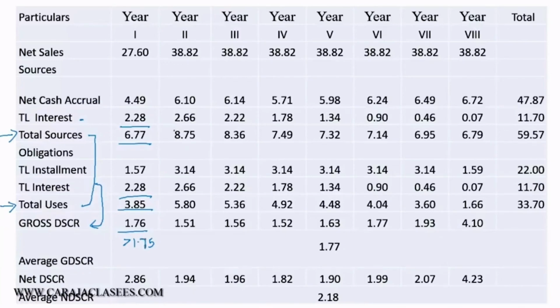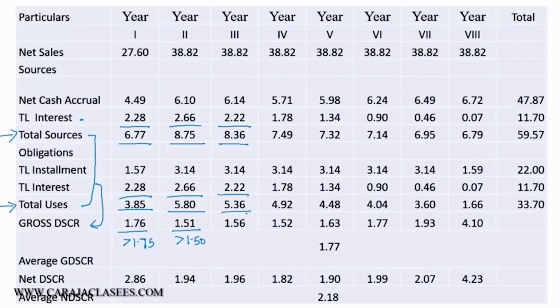Look at year 2. They had source of 8.75, whereas the repayment obligation is only 5.8 crore. So 8.75 divided by 5.8, you get 1.51. But still this is okay for that bank because it is greater than 1.5, because I told you this bank accepts DSCR at 1.5 level. Year 3, 8.36, whereas total uses are 5.36.